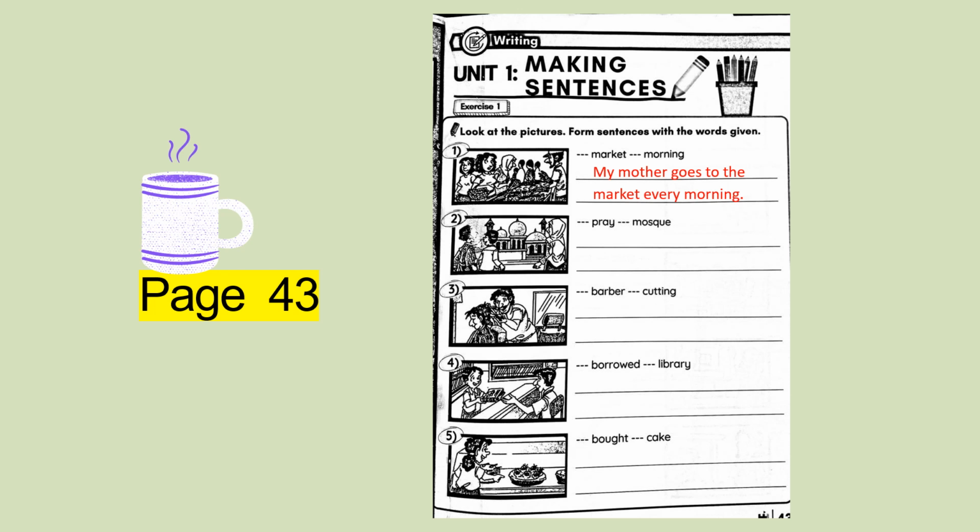So maybe you can talk about just now again, yesterday, last Sunday. Okay, last Sunday. So 谁买啊？Anybody, my mother. 我妈妈上个星期日买了一个 cake.